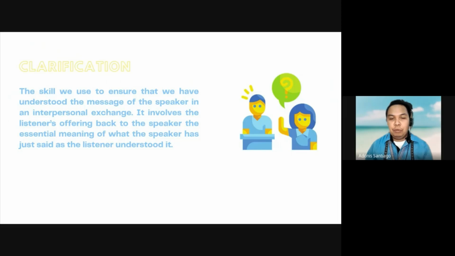If you will not be clarifying the message that you have just received, then you do not understand it. It might create misinterpretation or misunderstanding between the receiver and the speaker or vice versa. You need to clarify things. Don't just assume, okay? You need to clarify the things or the concept that you just have received.